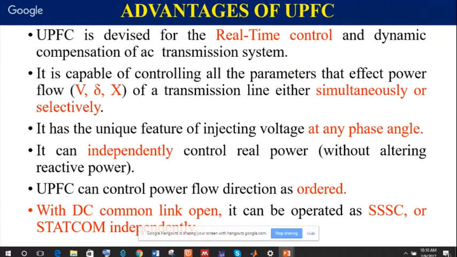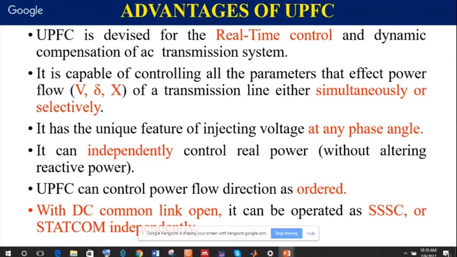UPFC can control power flow in the direction we have decided. Suppose one of the lines is getting overloaded and we want to reduce the power flow. We can reduce it by changing the parameters of the UPFC.